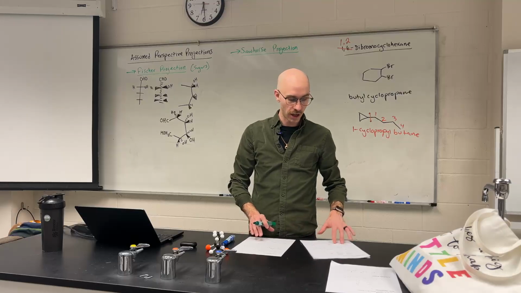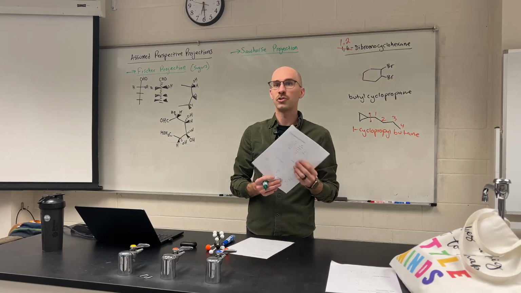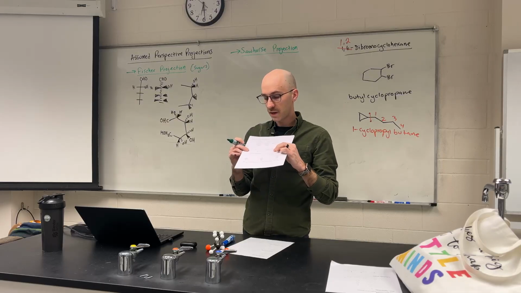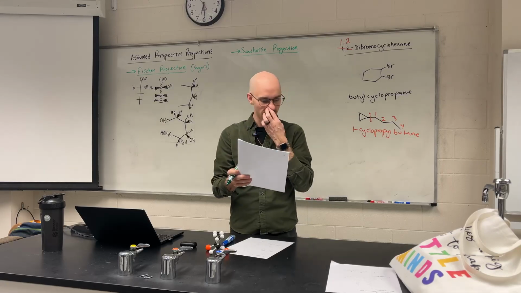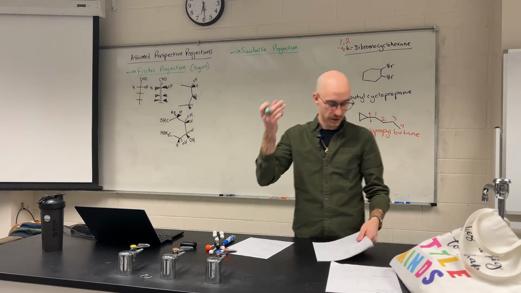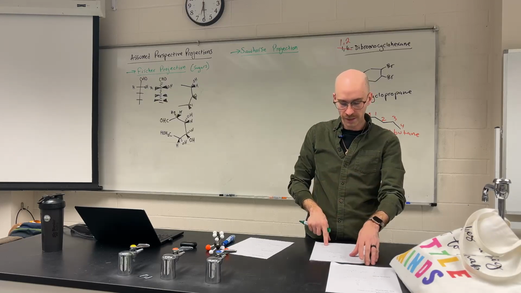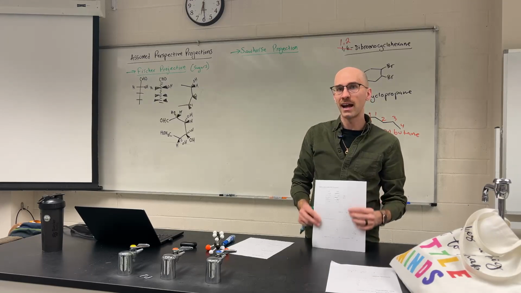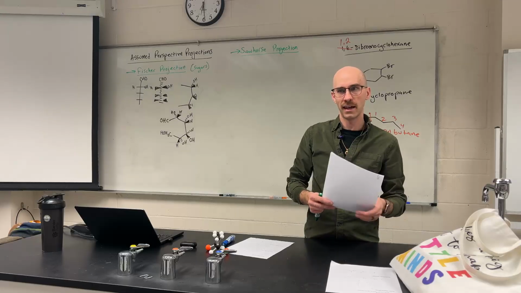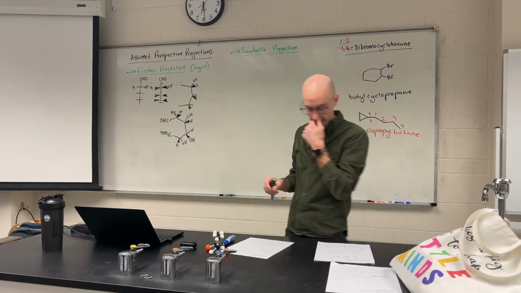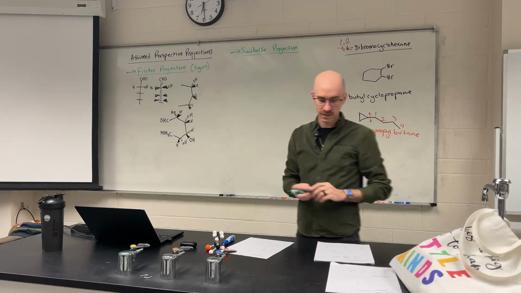So for the structure on the left, I want you to draw in fluorines and chlorines and hydrogens, such that you get the compound 1,1,2-trichloro-2-fluoroethane. And for the structure on the right, I want you to provide its IUPAC name. Find the longest carbon chain, find the substituents. Take about 2 minutes to go through those.